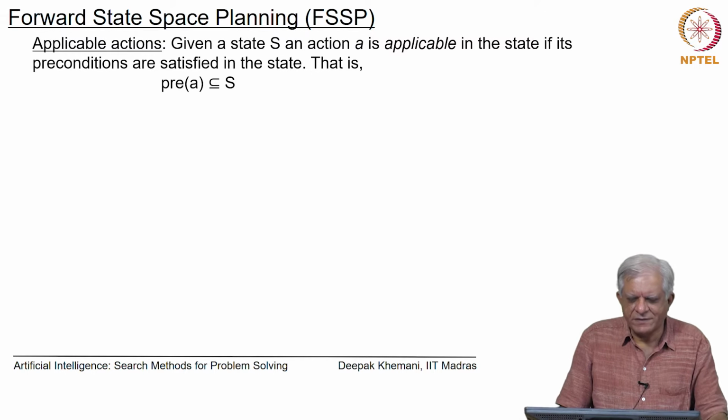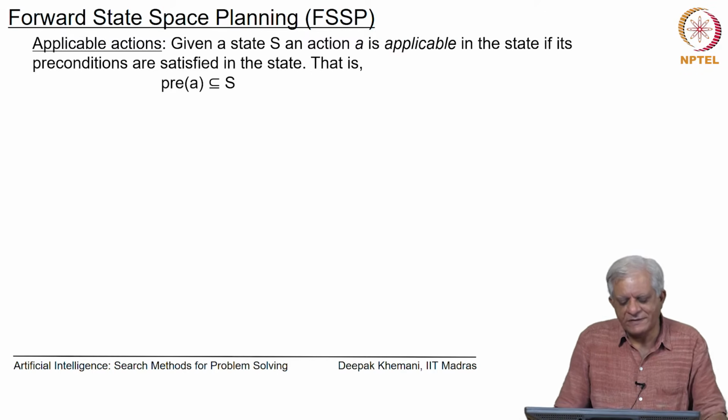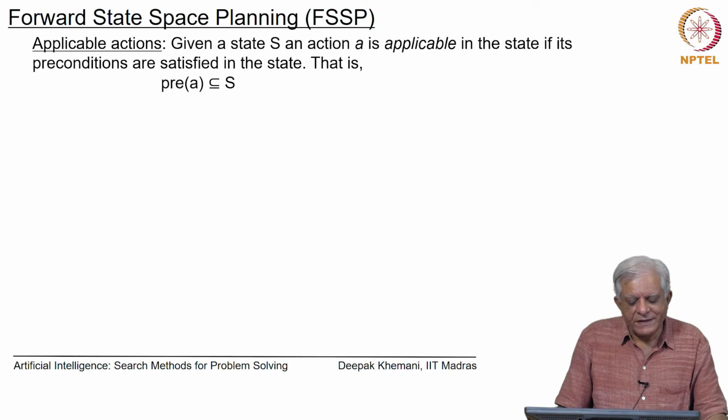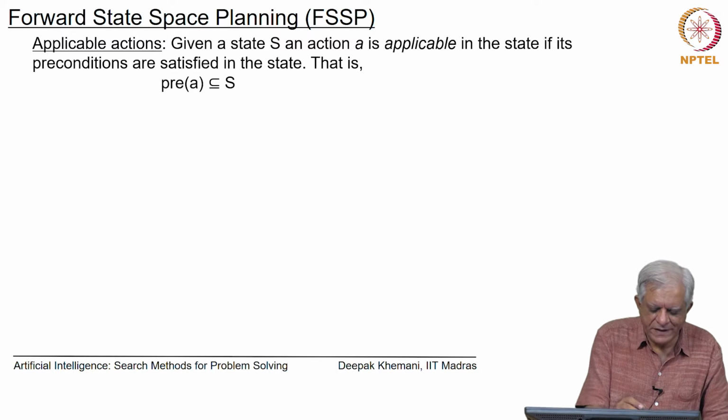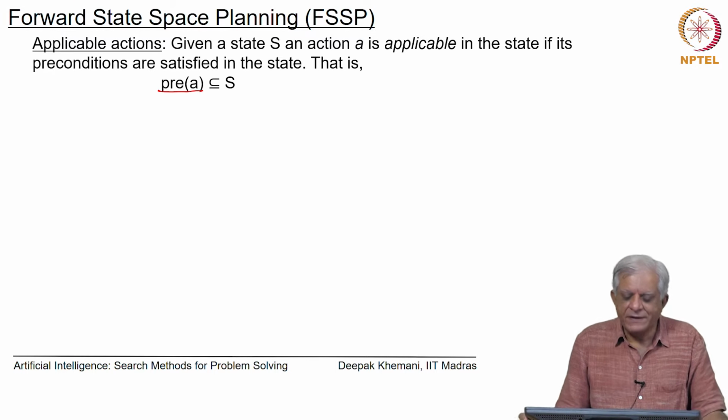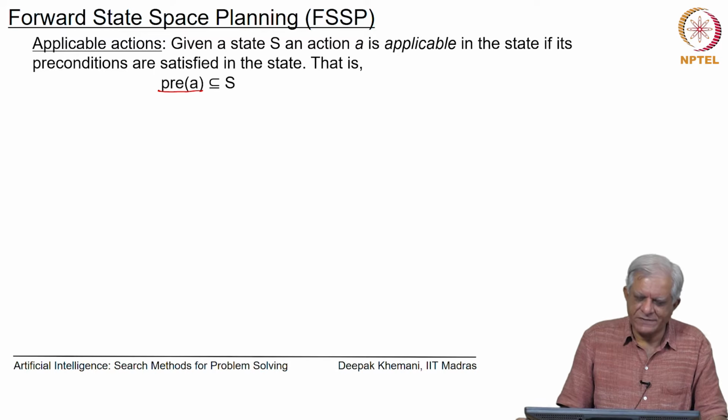Remember that we said that somebody will give us a move gen function. Now, we are making this more explicit. We are saying how to construct the move gen function, and we are saying that the set of actions that are applicable in a given state are those actions such that the preconditions of that action, described by preconditions of A, is a subset of the state S. Whatever the preconditions are, for example, on table A and arm empty, they must be there in the state.